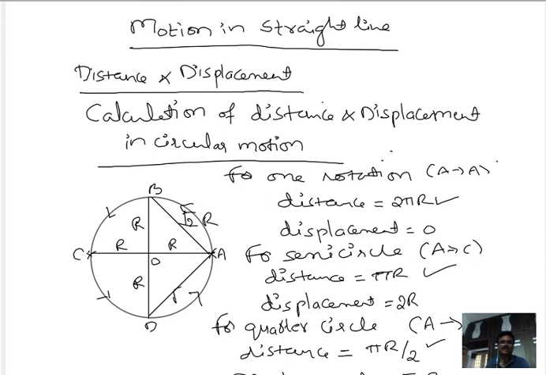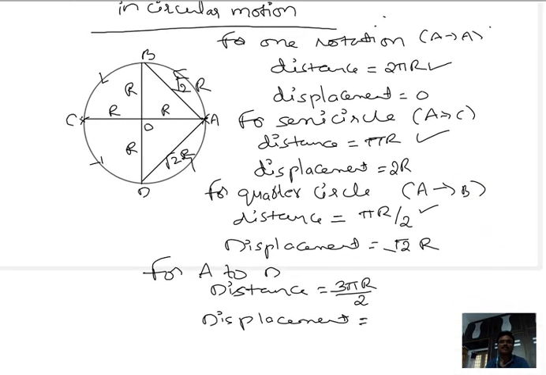By using Pythagoras theorem, the displacement is again root 2 r. So all these we got here.